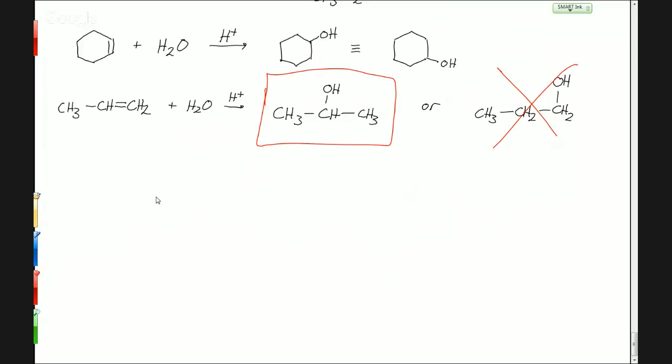Let's look at how this would look in a larger structure with a line structure. So let's take a cyclohexene type structure, but we'll add a methyl group to it right there, making it methylcyclohexene. Now those 2 sides of that double bond are different. The bottom is different from the top in that double bond. So we have to make this decision, if we're going to do a hydration reaction, of which carbon the OH goes to and which carbon the H goes to.